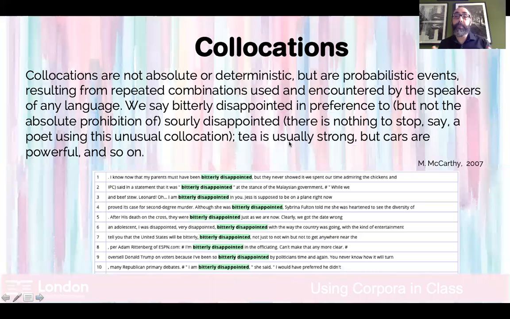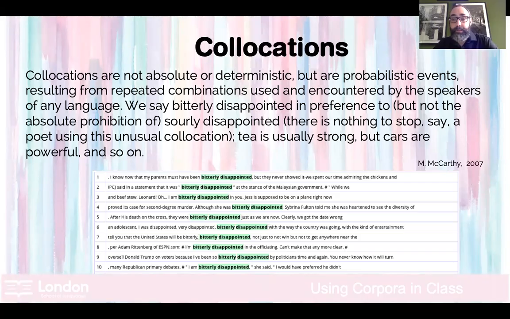And possibly one of the most important things we can check in Corpora is the collocations. As you know, collocations are words that tend to go together statistically. There's no other reason why two words go together in a language.